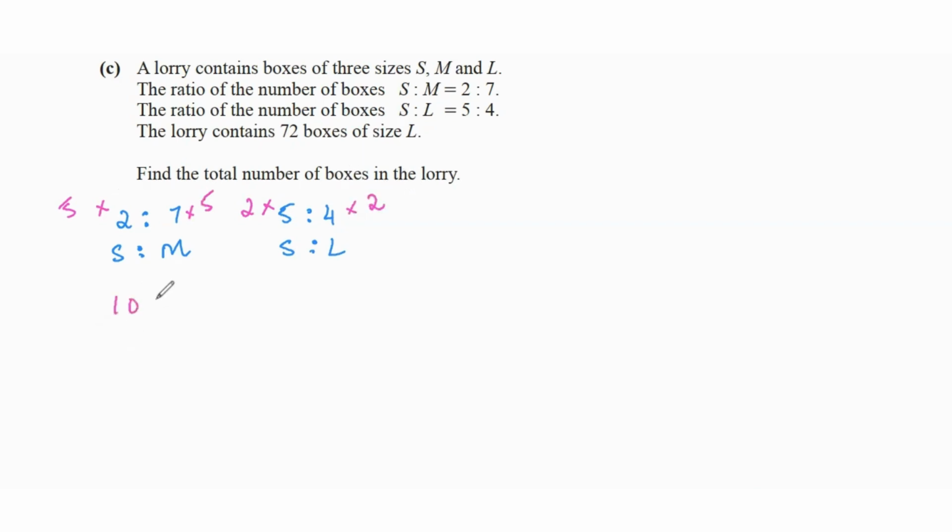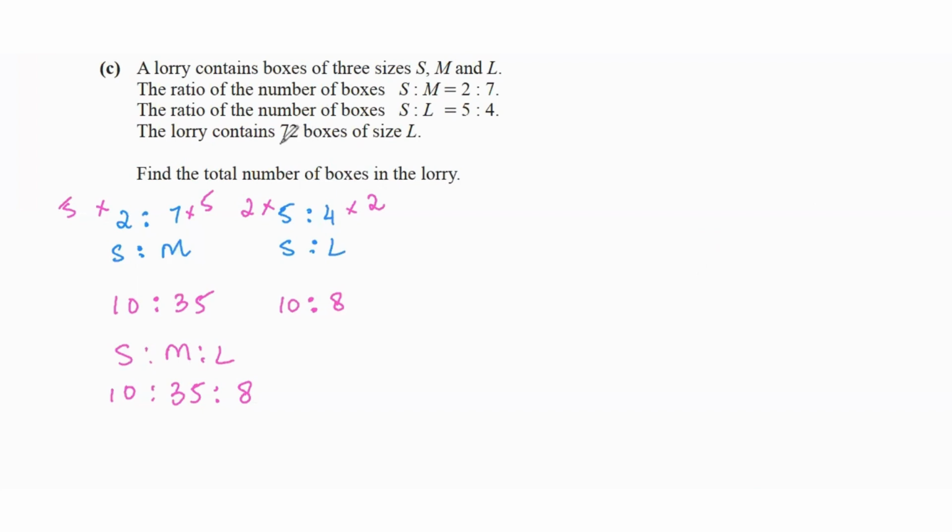So now we have 10 is to 35, and 10 is to 8. So if we write small, medium, and large in a collective ratio, that's going to be 10 is to 35 is to 8. Now going back to the question, they're saying find the total number of boxes in the lorry when the lorry contains 72 boxes for large.